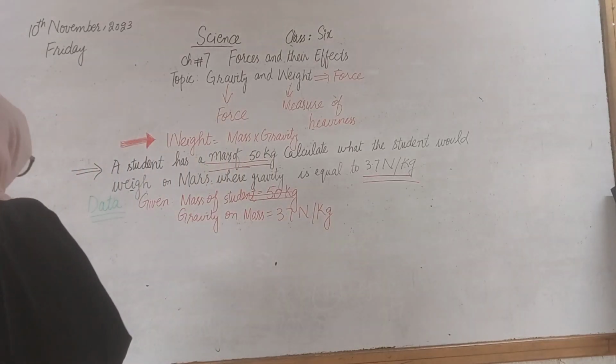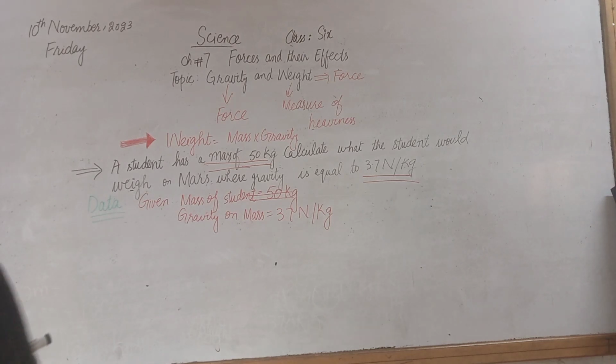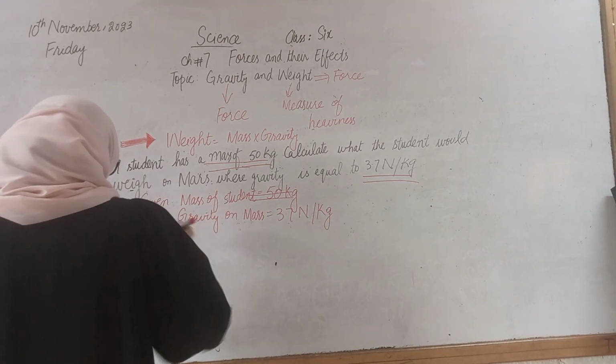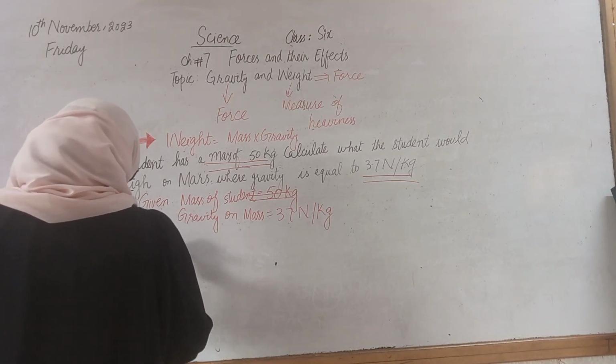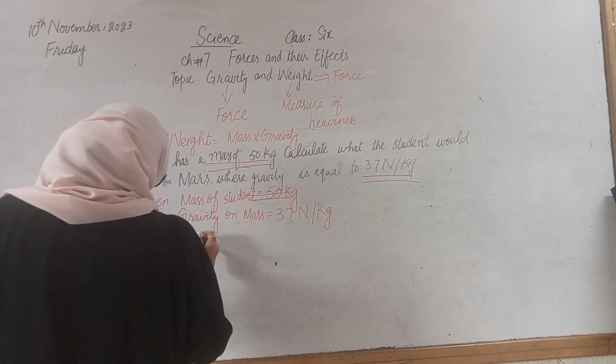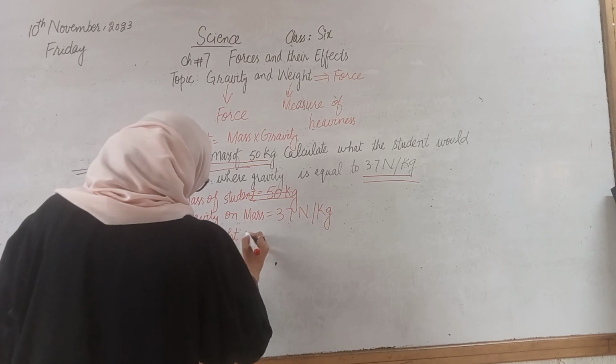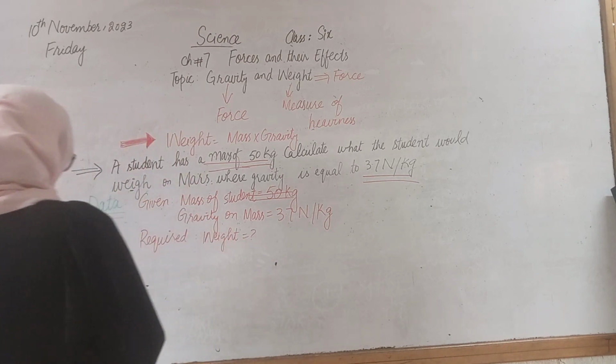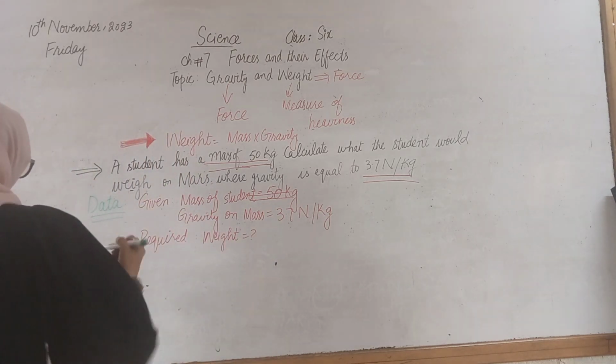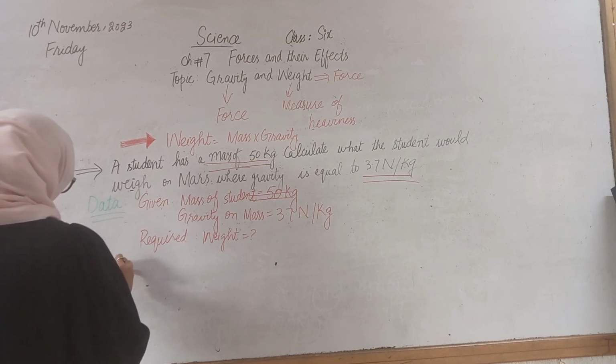Data also has a second part, that is required. We have to find the weight, so we will write the required thing, weight. We don't know, so we will solve. We will write here solution.